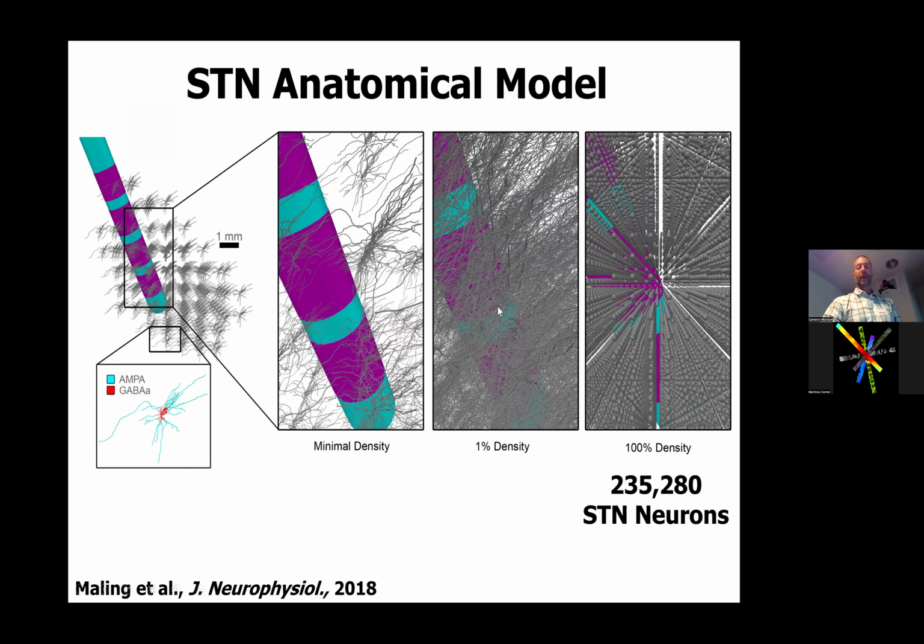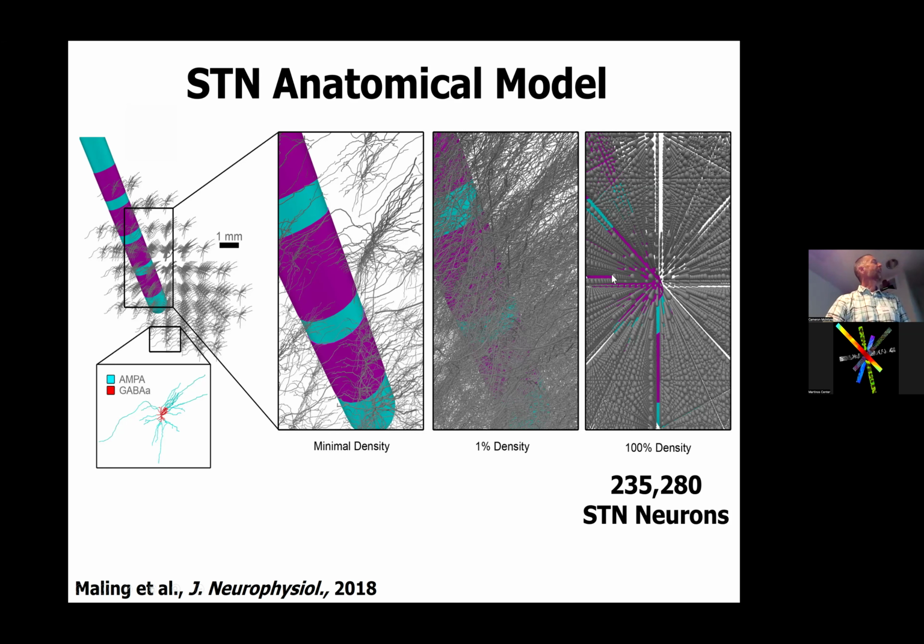And what about if we put the real density of neurons in there? You have about 250,000 neurons in your STN. Now you have this super densely packed population of neurons surrounding your electrode. And the cool thing about computer models is we can make 250,000 of these neurons if you've got a big enough computer. There's nothing to stop you.